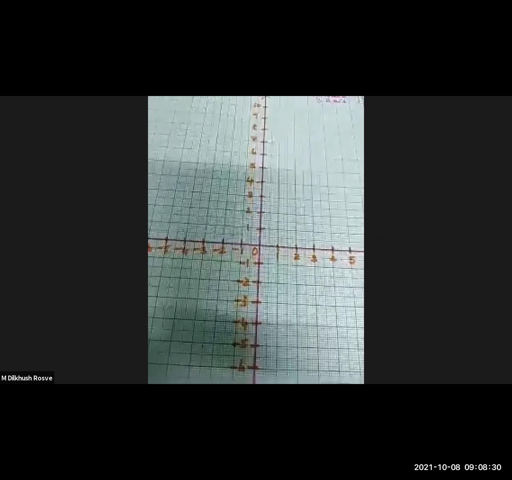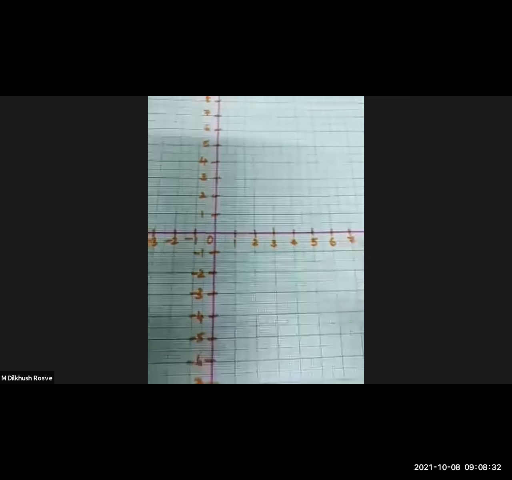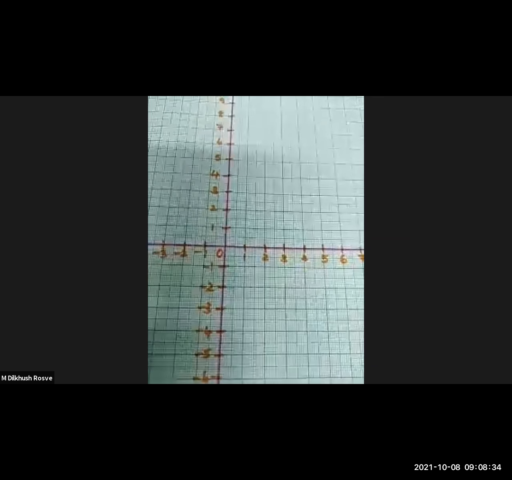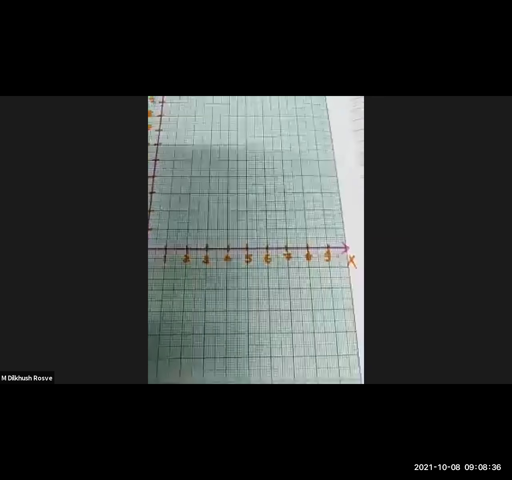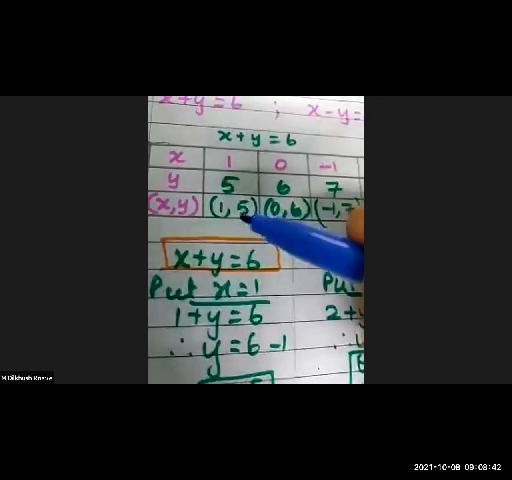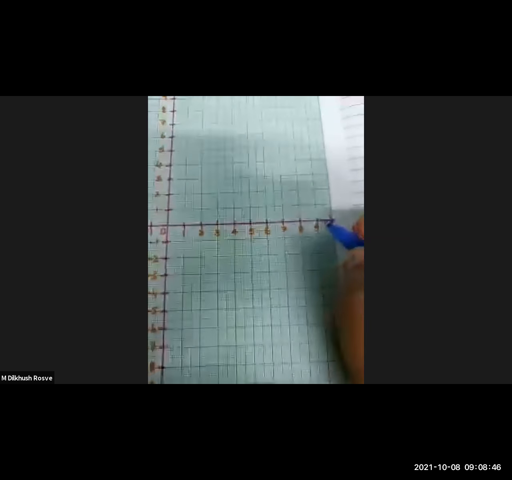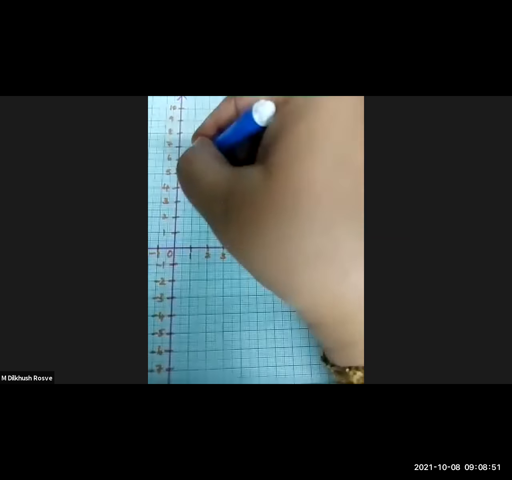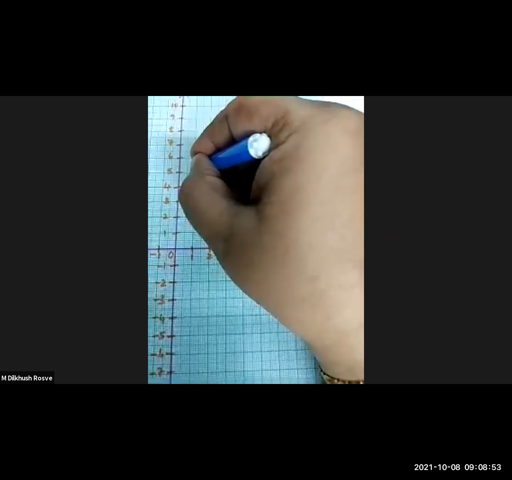Now we are going to plot the point. See, what is the first point, children? The first point is 1, 5. That means the x value is 1 and the y value is 5. So this 1 and this 5, this will be the point.